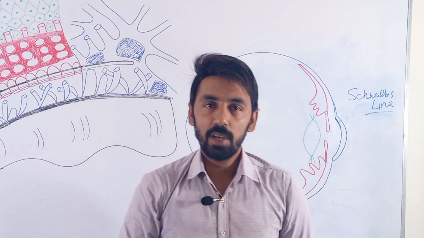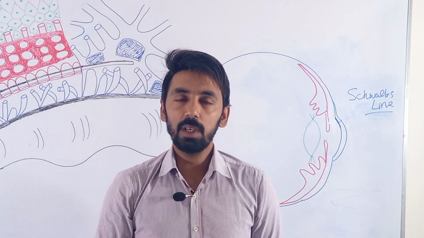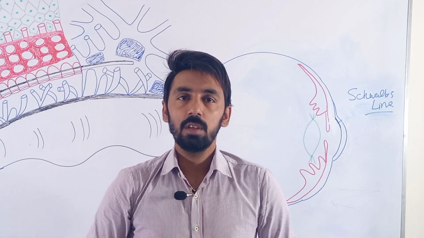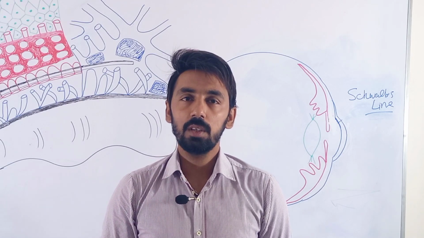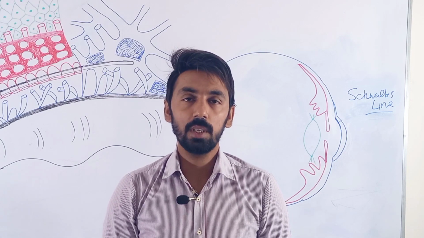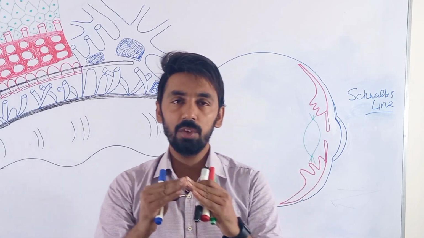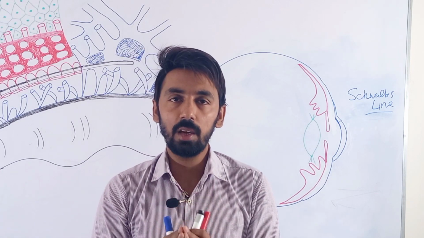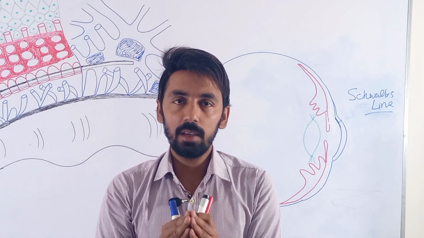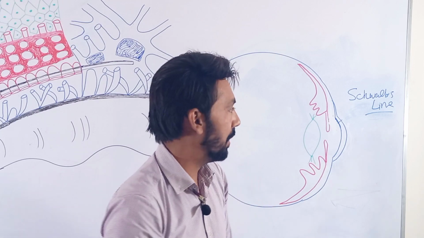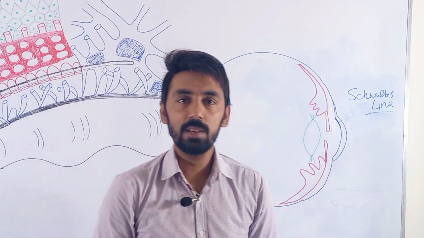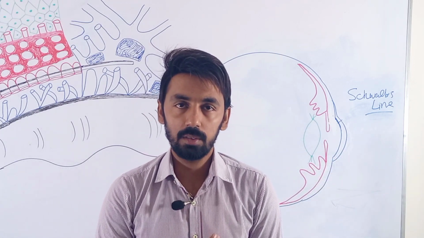The Schwalbe's line is actually the anatomical line which is at the termination point of the fourth layer of the cornea, which is called the Descemet's membrane. So at the termination point of Descemet's membrane, which is the fourth layer of the cornea, you know it, that anatomical line is called the Schwalbe's line. So actually the Schwalbe's line is part of the cornea, right?